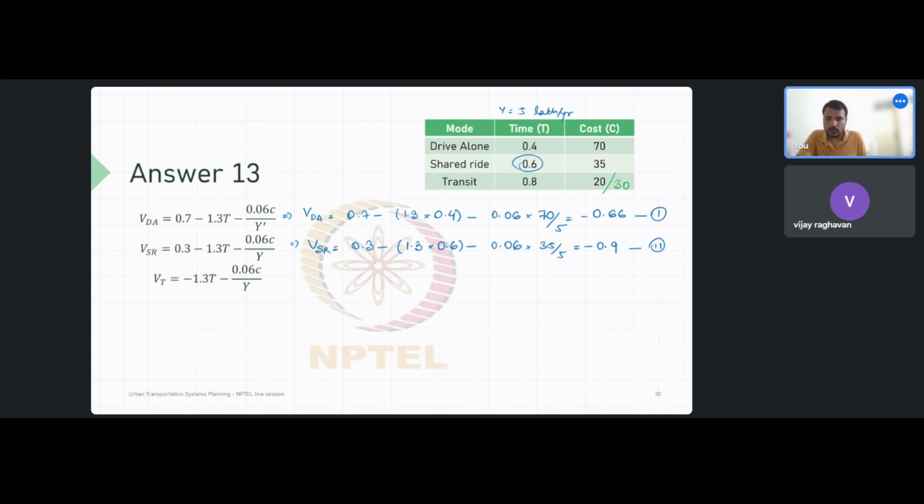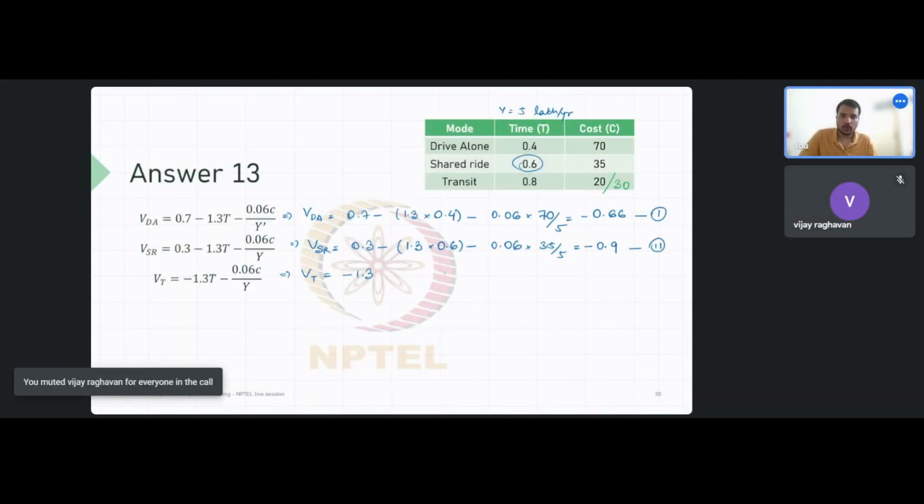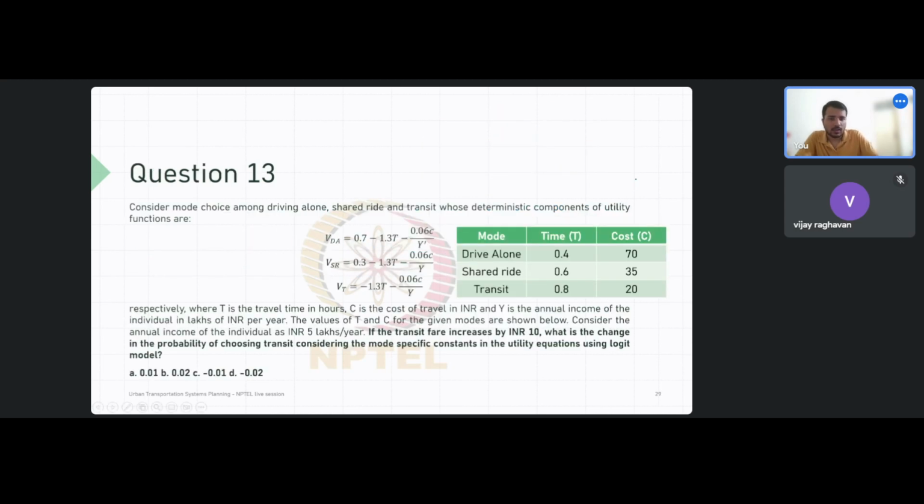Finally, we have transit VT: minus 1.3 into time 0.8 minus 0.06 times cost. So we'll take 30, because we said that the fare is increased by 10 rupees.